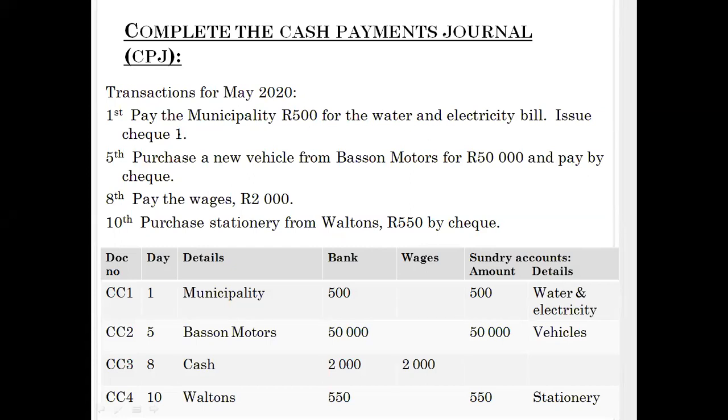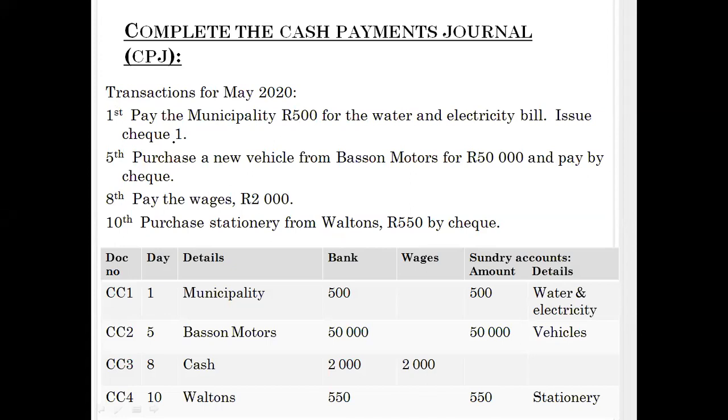Issue check number 1. So what do we have? We've got the date, the 1st. We've got the name of a business, the municipality. We've got the amount, 500 Rand. We know it's for water and electricity. And they give us the first number of the source document, check number 1.